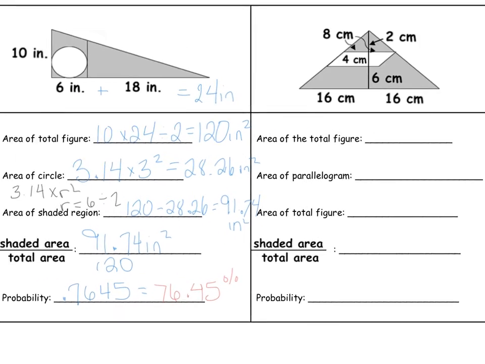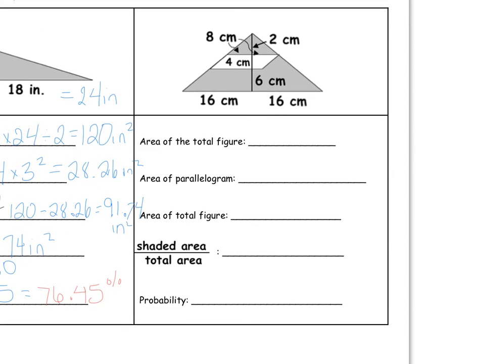And for the next example, we have a triangle with a lot of measurements inside, and then a parallelogram that's been cut out the middle. So the first thing to note is that the height of the triangle is 2 plus 4 plus 6. And then for the base of the triangle, it's 16 plus 16.